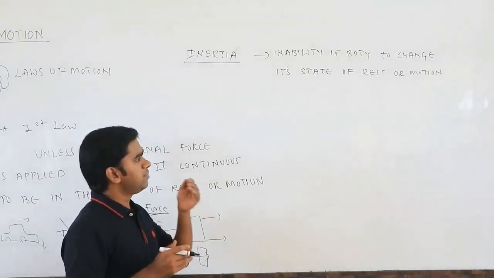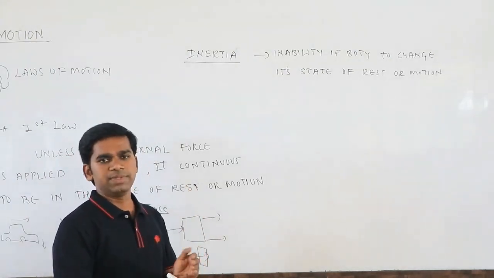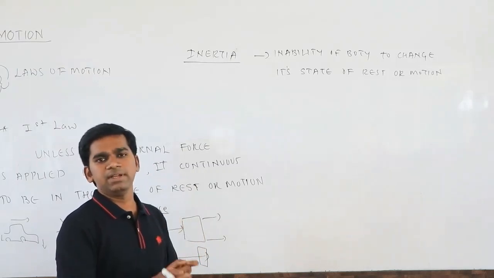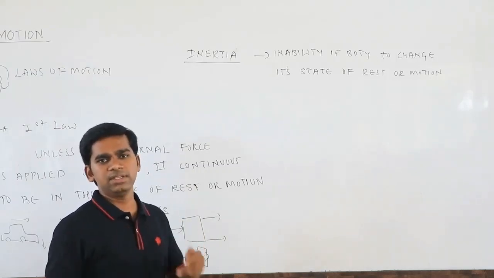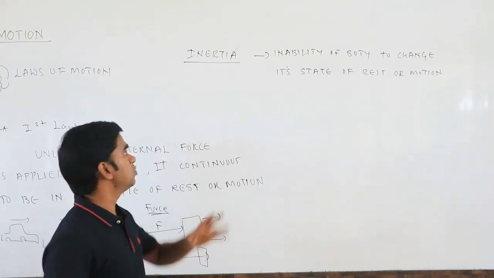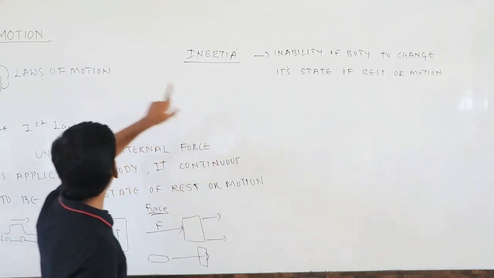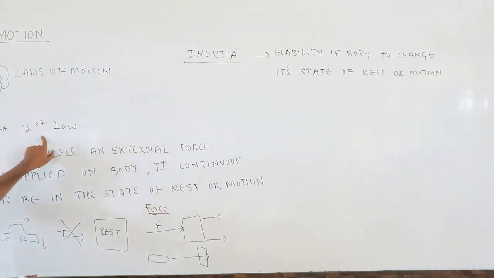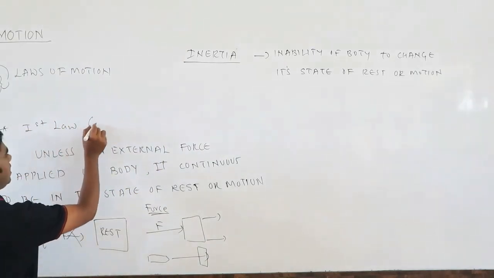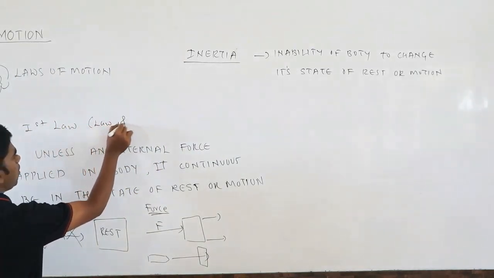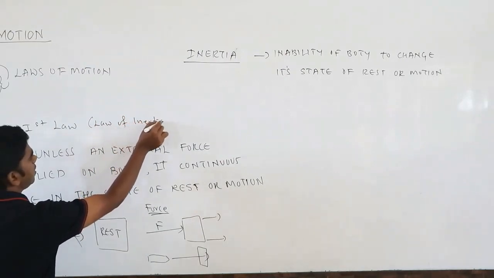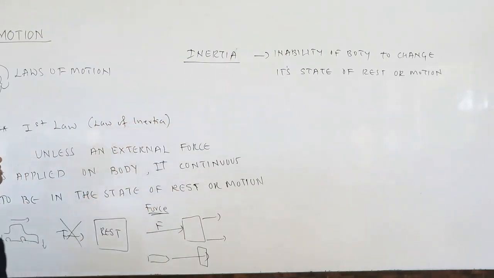But without applying force, the body does not have the ability to change its state of rest or motion. That inability is called inertia. That is why the first law is also called the law of inertia.